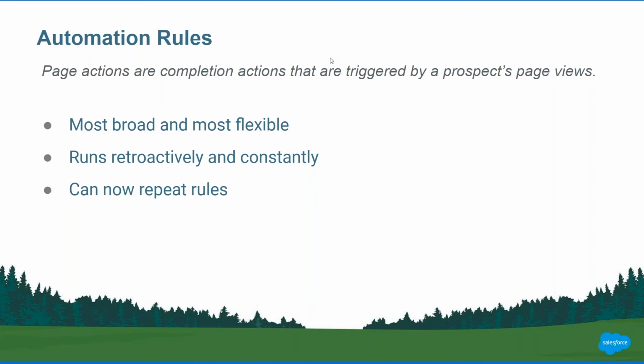I'll show you this later on. It has the most criteria they can consider when you're setting up this automation rule. It can listen for almost all of the things that the different automation tools can do. And when it comes to the actions that the automation rules can do, it's also the most flexible and the most broad. It can do almost everything that the different automation tools can do.